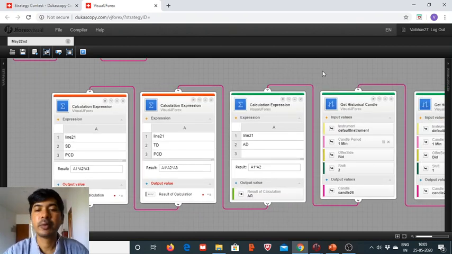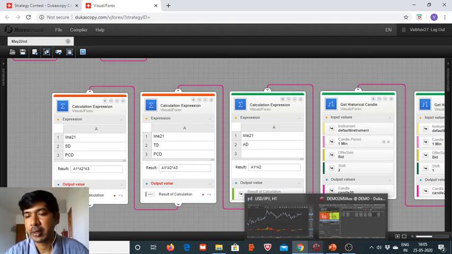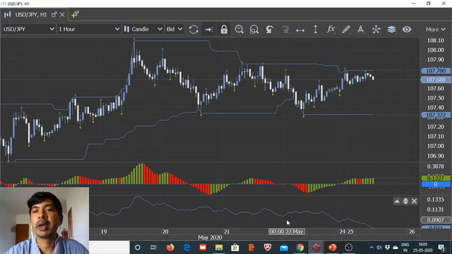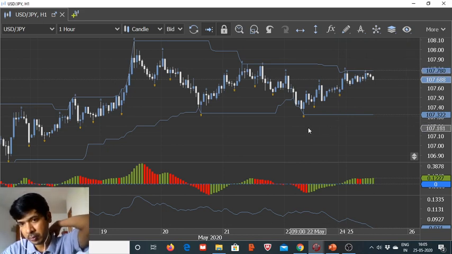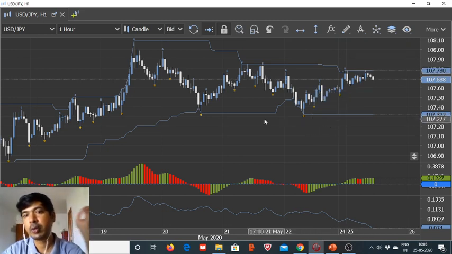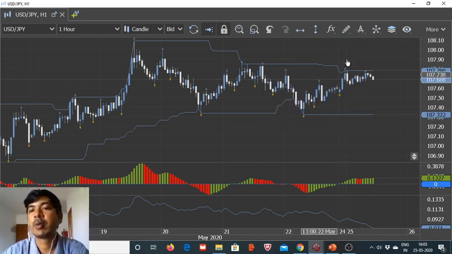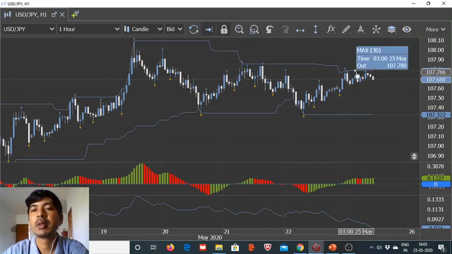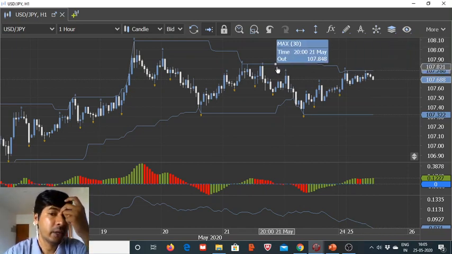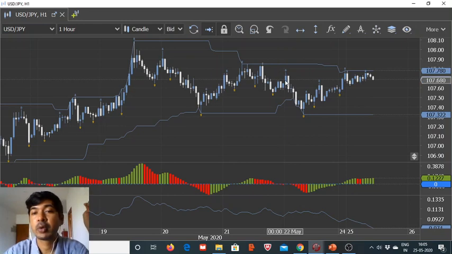Now we have to see what should be the exact entry and exit point. I have explained to you the bare bone structure. As you can notice here, this minimum value is less than the prior minimum value. This maxima is less than the prior maximum value. In such instances, only sell trade is to happen.